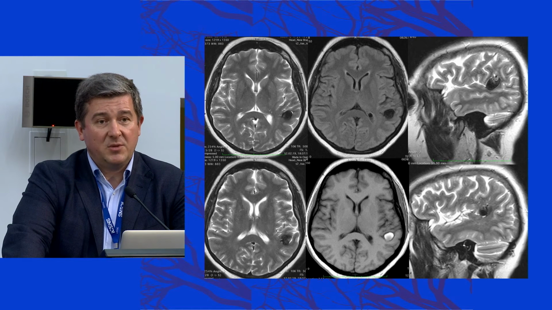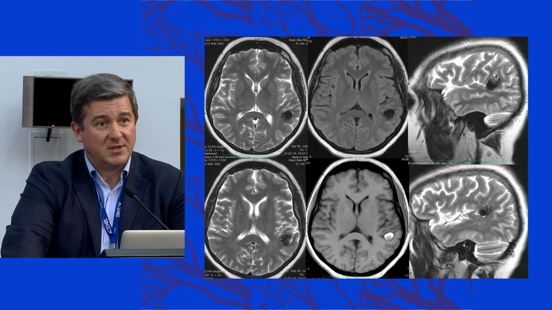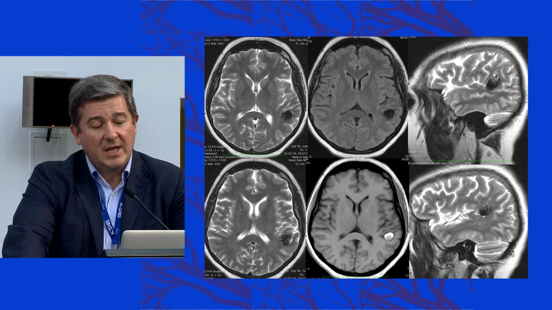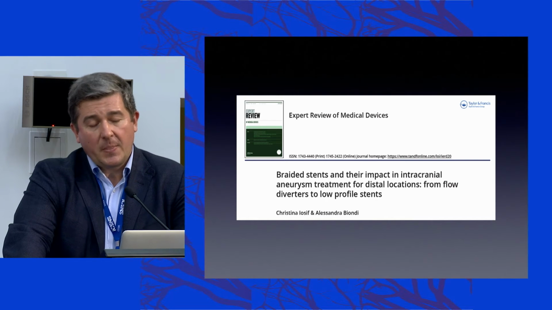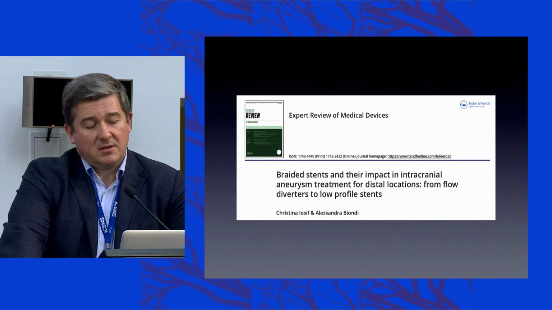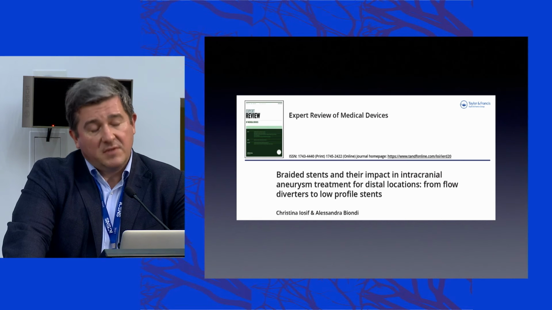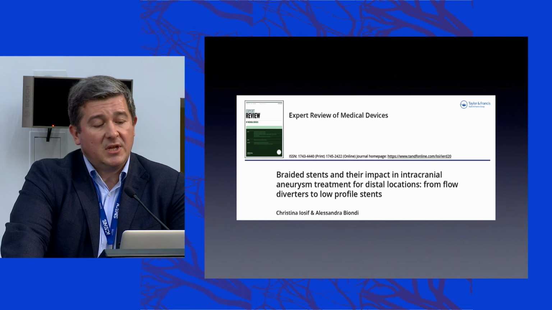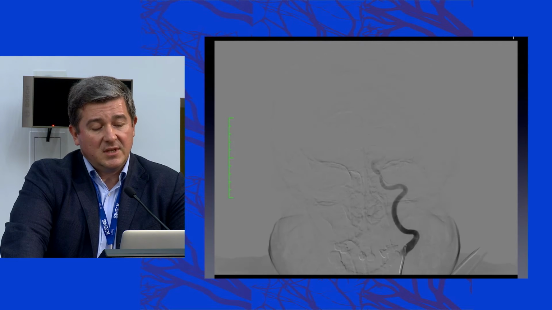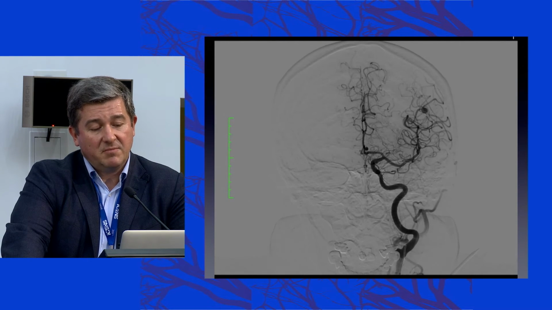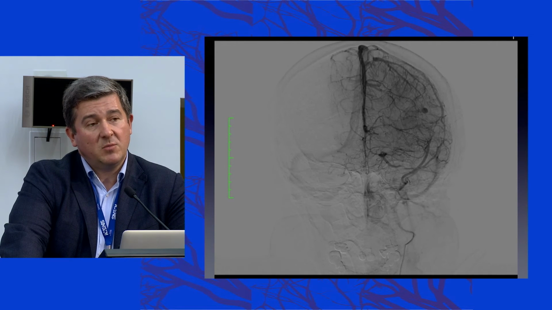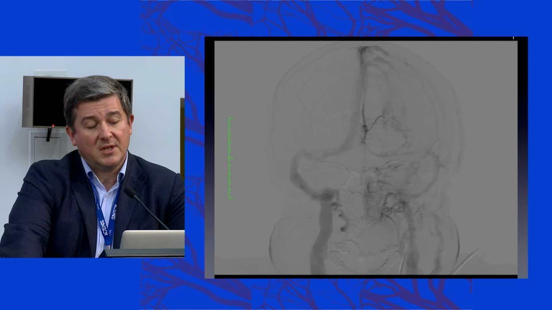Where else can we actively use low-profile assisting stents? In cases when flow diverters cannot be used, either because we do not have them at the moment or because a pretty large catheter is necessary. Here, reviews and large meta-analyses reach the same estimates, and we would like to highlight some cases.